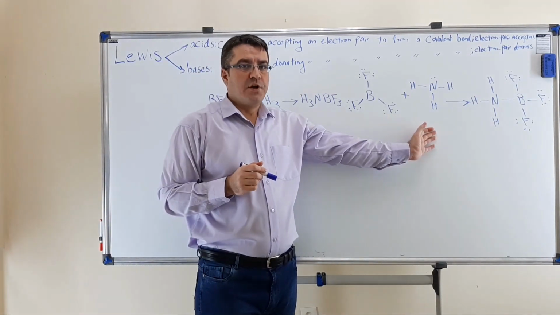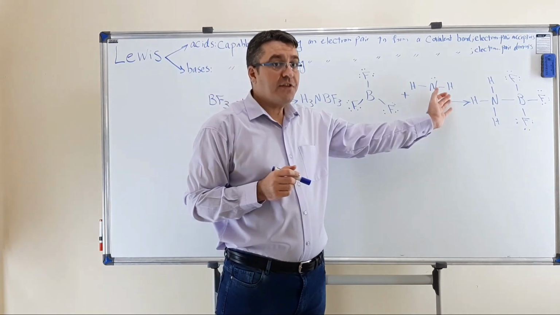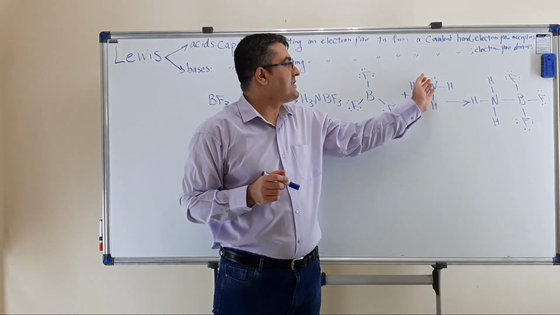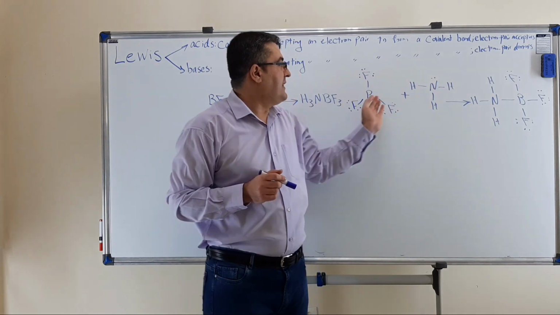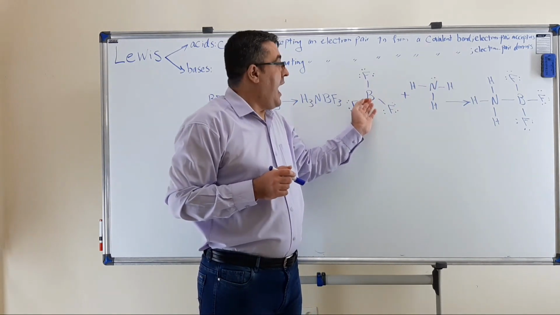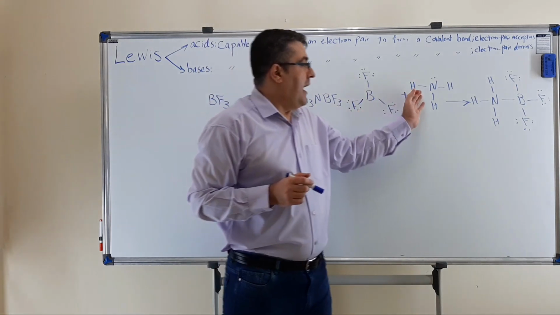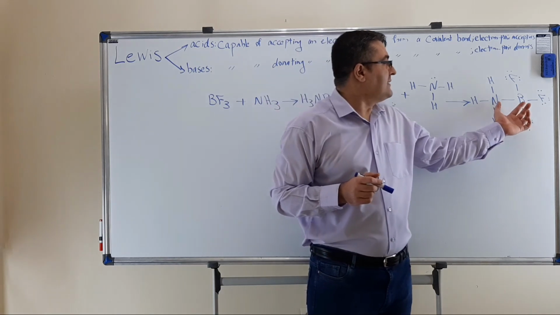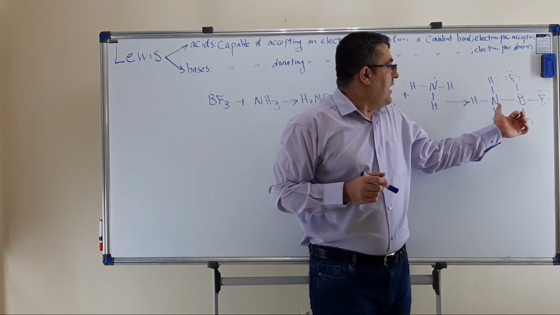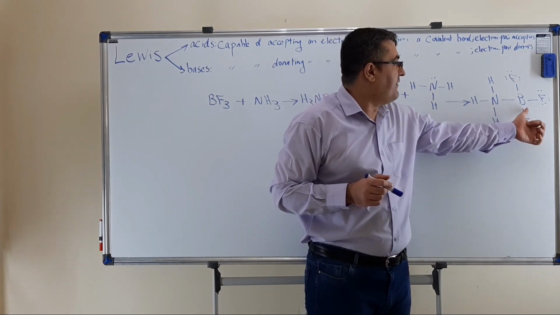Based on the Lewis structures, it is easy to see that in this reaction, the nitrogen atom of the ammonia molecule shares its lone electron pair with the boron atom of the boron trifluoride molecule. And the boron atom accepts that electron pair to form a covalent bond with the nitrogen atom, which yields a single reaction product, H3N-BF3.